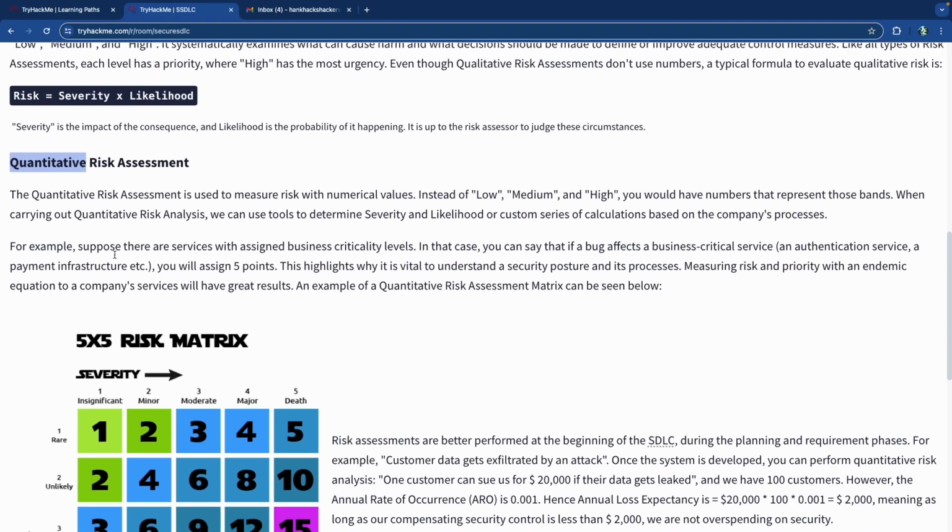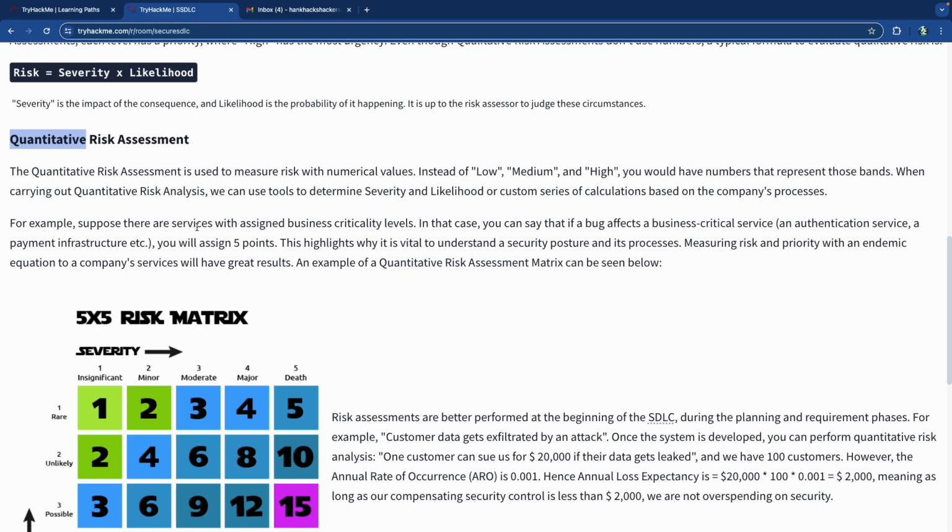As an example, if we were to use a service with assigned business criticality levels, in that case you can say that if a bug affects a business critical service, so an authentication service, something that verifies who a person is and gets them to log in, or the payment infrastructure, the way that you collect payments or the way that you pay people, if one of those things gets affected, then you assign 5 points.